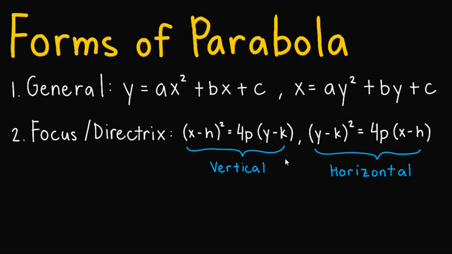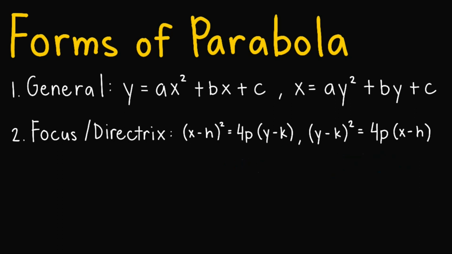We already know how to derive this one. You can just check it out in the video where I introduced the concept of parabola, the second conic section. So let's clear this one out, and now let's move on to what the real vertex form is.